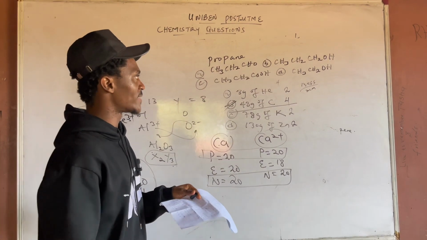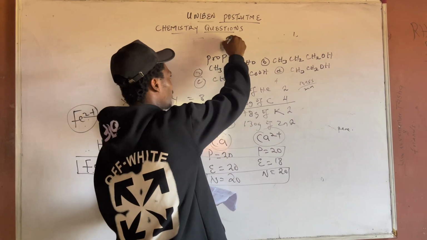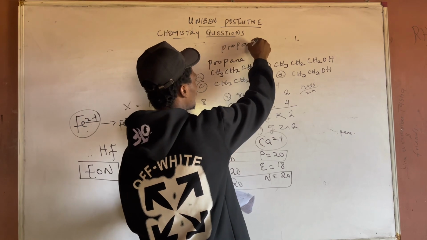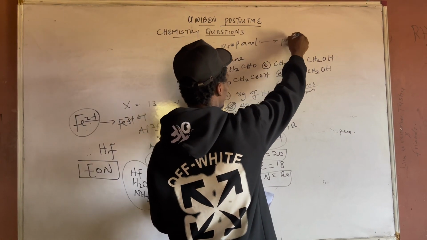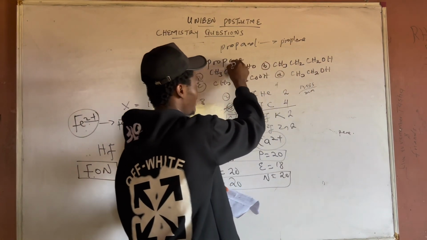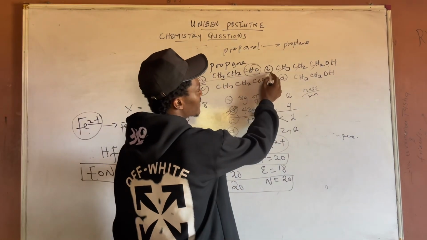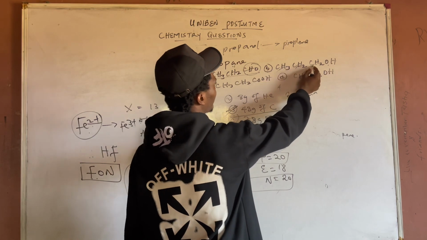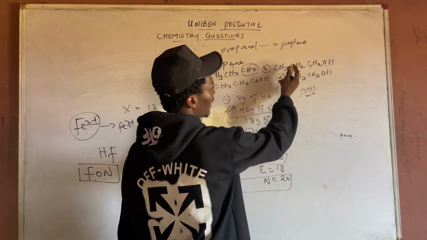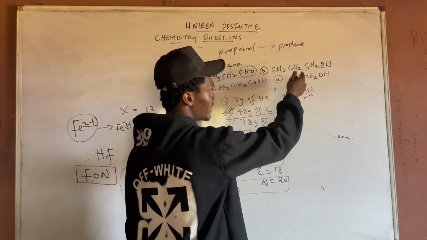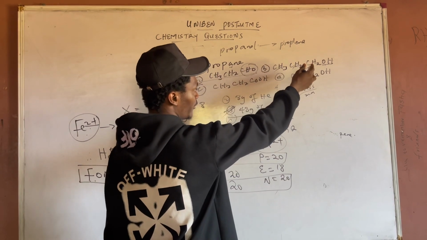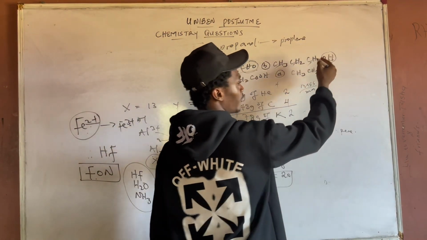Of course, you ought to know that we are looking at propanol yielding propene and not propane. Like I said, this is a typo error. So this first one is not propanol, this is propanal. This one is 1, 2, 3, which is 3 carbons, and then it ended with OH. So this is actually propanol, all right, because this is the alkanol functional group.